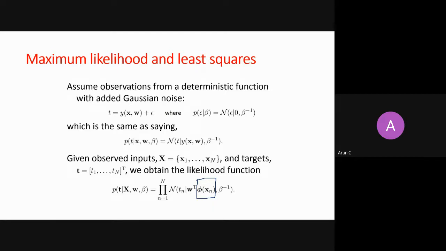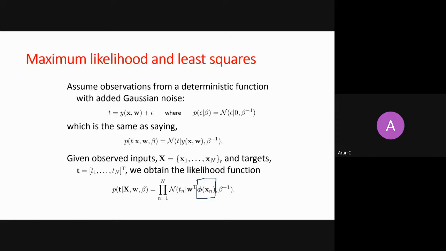To feel it intuitively, you can always see it as being in some other dimension space, but it is still an input, right? How you come to that other dimension space is based on your basis functions. So from here onwards, you can take that we are using some X which is projected into some other dimension space using basis functions.